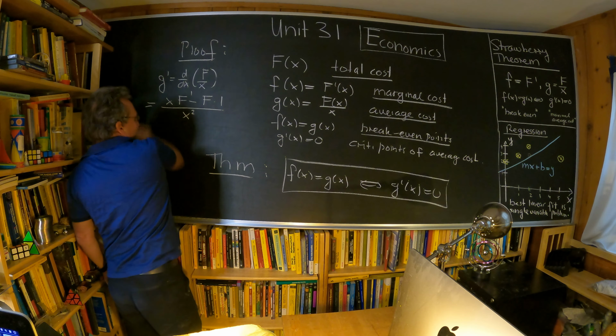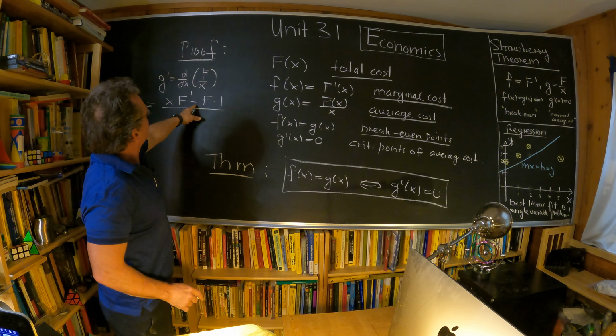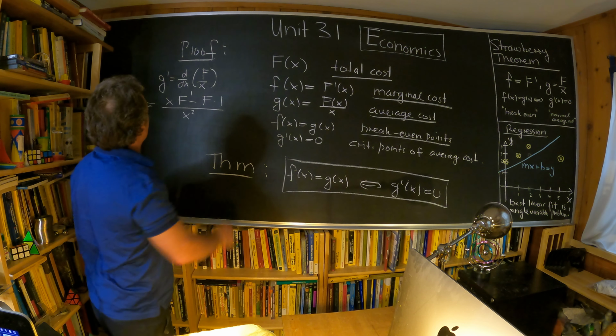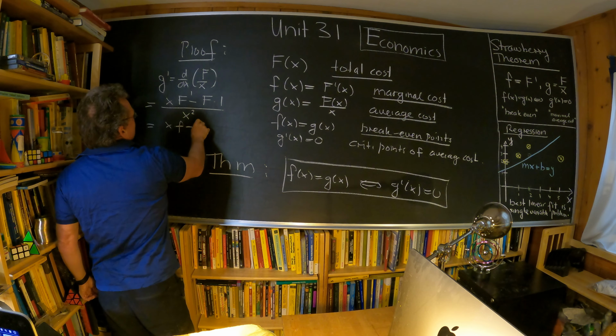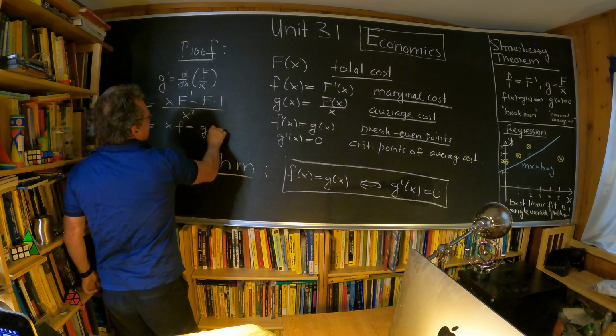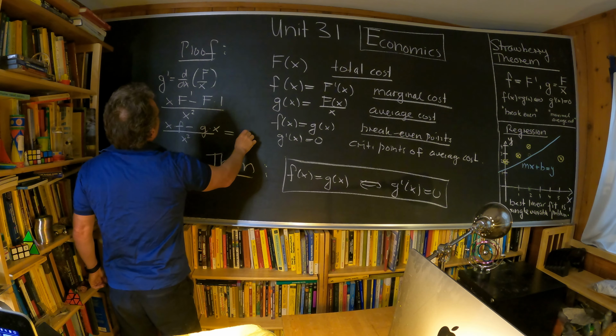So this is the same thing. And now we just replace everything which we know. F prime is equal to small f. So what we have is x times f minus, and I replace this also, with g times x, over x squared is equal to 0.